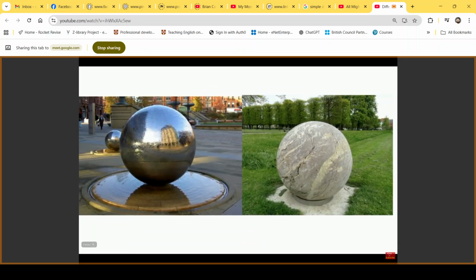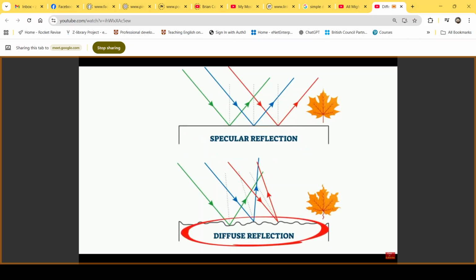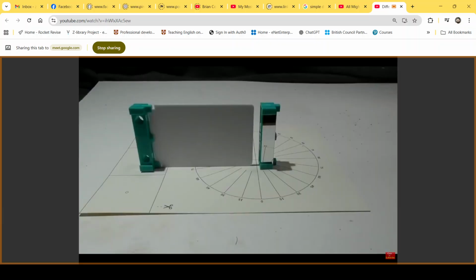So let's take a look at a difference between specular reflection and diffuse reflection. Specular reflection reflects all light which arrives from a given direction at the same angle, where diffuse reflection reflects light in many different directions. I'll show you the difference between these two by using a shiny object like this mirror and a dull object like this plastic.